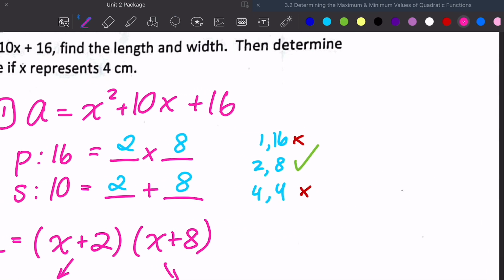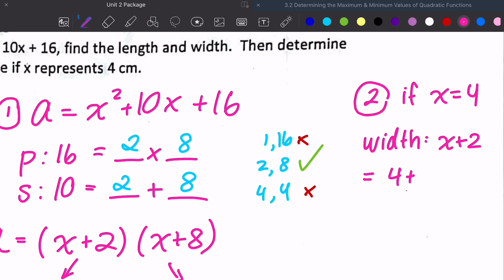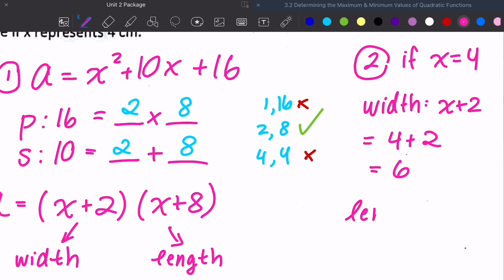How do you know 6? So where are you plugging this in? Width, the first one we said, is x plus 2. So Chloe's saying that's going to be 4 plus 2, which is 6. And I'm going to do the same thing with the length bracket. I said that my length is equal to x plus 8, so I'm going to do 4 plus 8.